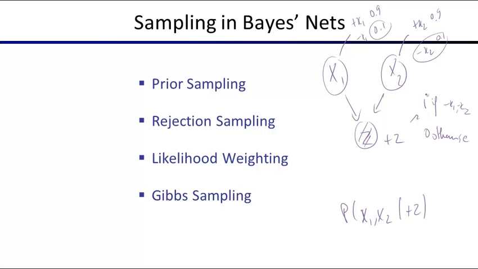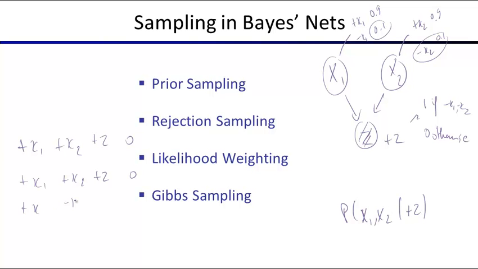Question here. I understand how the math works, but I don't quite understand what it means to say that it doesn't give us any information about plus z. Okay, like the weight. So let's say we have plus x1, plus x2, and then we set z to be plus z. The weight will be 0. We have plus x1 plus x2 again, before it is plus z, the weight will be 0.